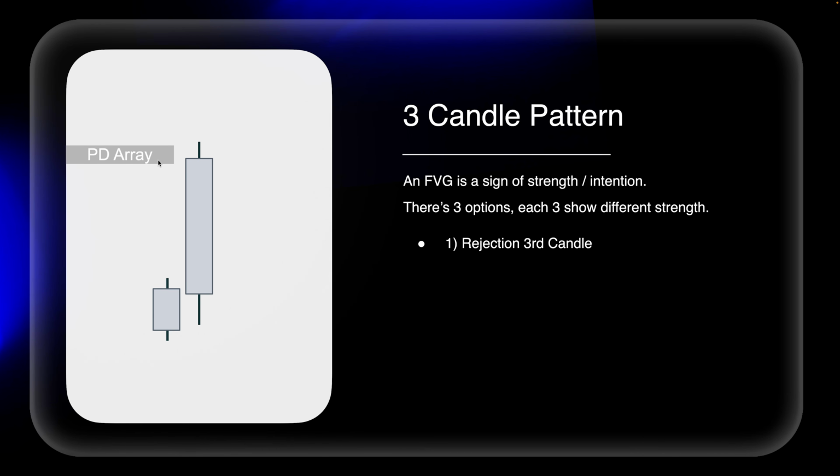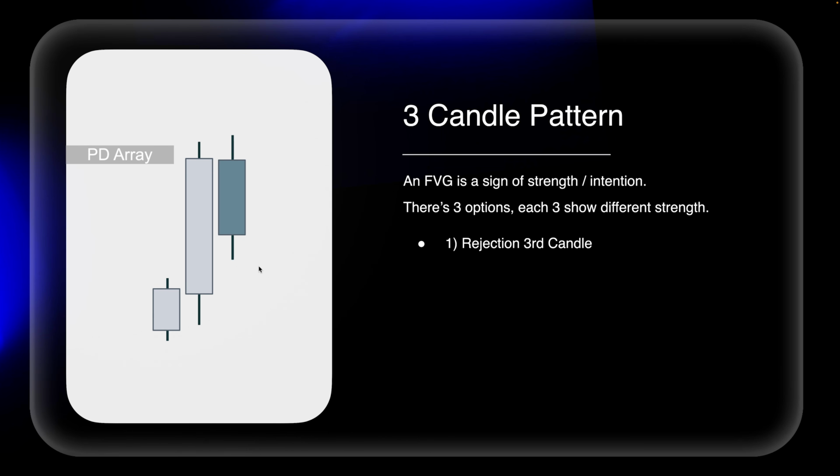Now, that unmitigated opposing PD array is also a previous target, of course, because we're always moving towards those PD arrays. So once we reach that target, we want to be a little bit more careful and see what we want to do right there. Because the third candle of this new fair value gap that could be created could be a rejection third candle, like we're seeing right here.